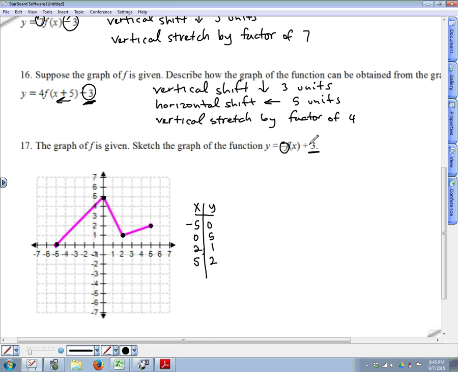So essentially what's happening is the graph moves up 3 units and then gets reflected over the x-axis. So if we were to make a new table of values, nothing happens to the x values. The y values change. You add 3 to them and then make them all negative.